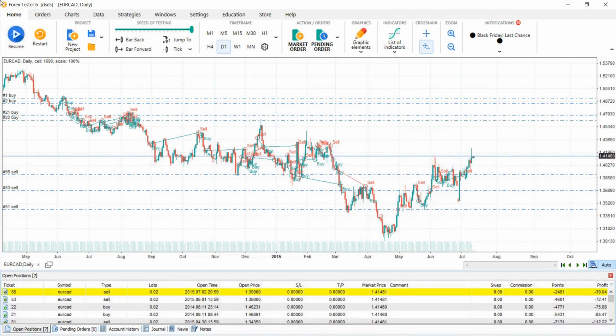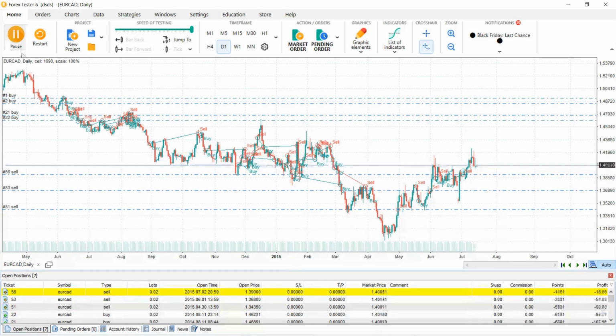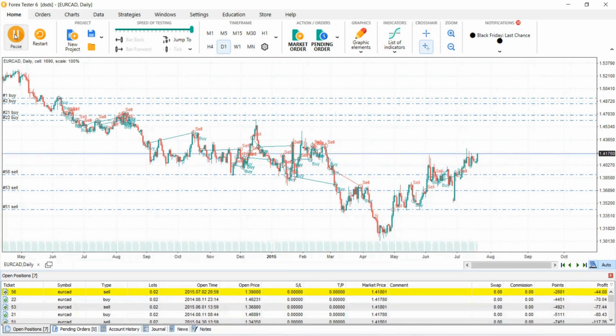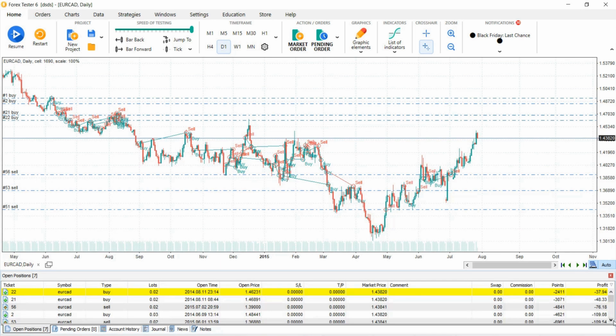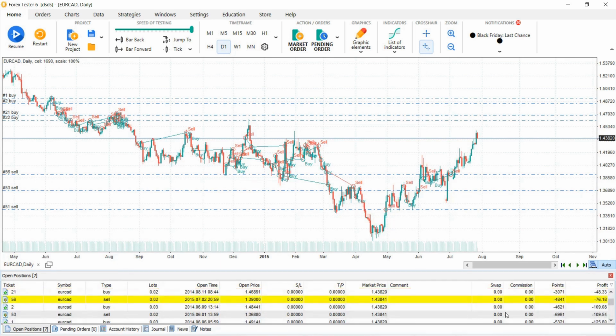And it's unlikely that a Forex market realistically over time is going to swing this far every year. So as long as you can survive a move like this, okay, you really shouldn't have an issue.